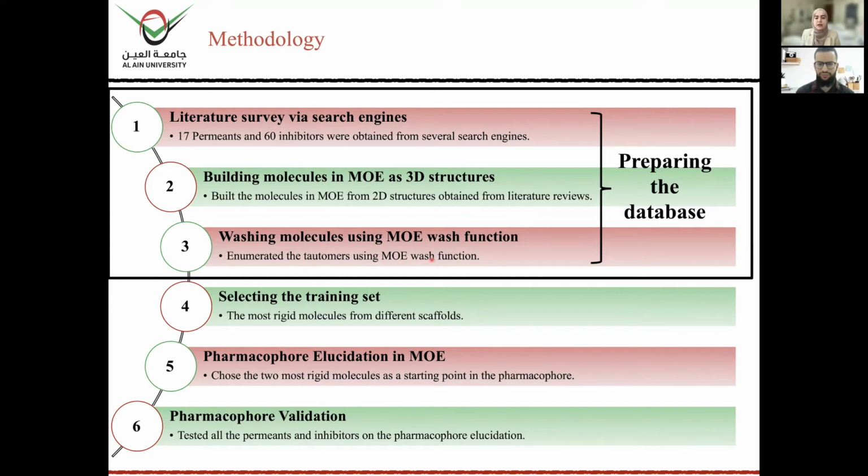This is to ensure that all the biologically active forms of the permeants and inhibitors have been covered in our database. All of these three steps were for the sake of preparing the database that we will use for the selection of the training set.